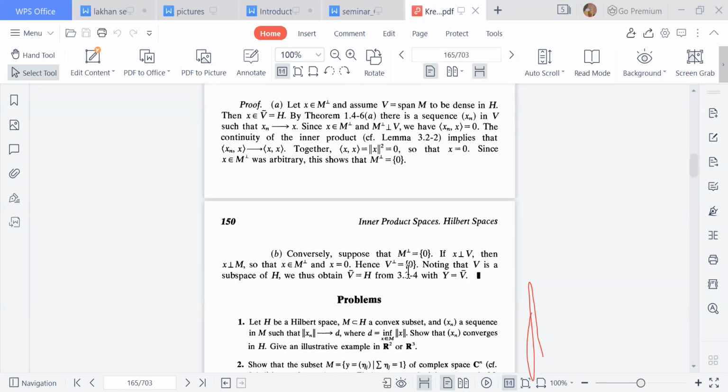Conversely, suppose that M complement is equal to the set containing only 0 element.